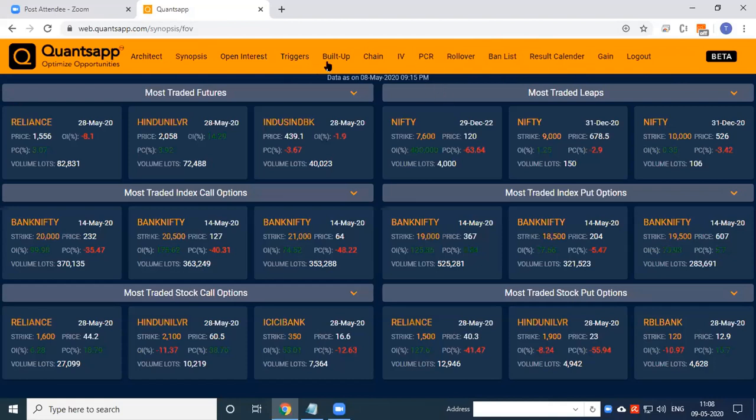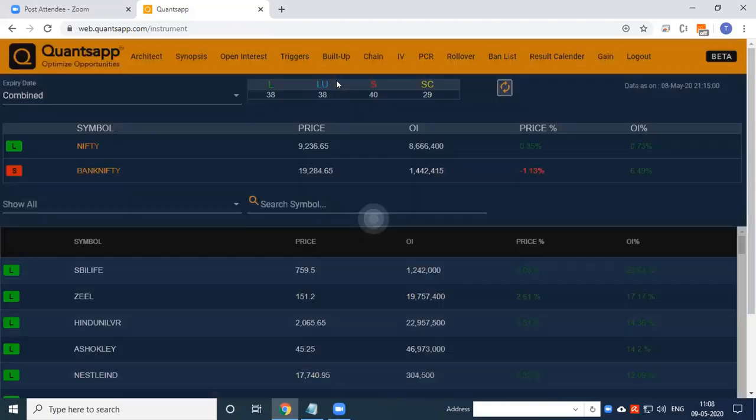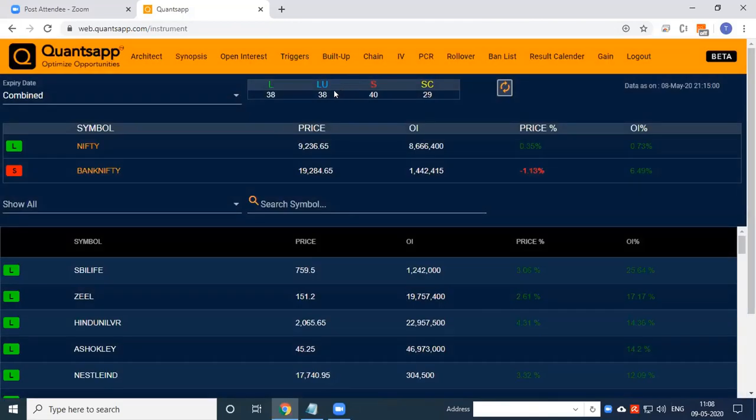Now let's see the build-up part. The first and most important thing is the build-up, security-wise. How are the securities positioning their trade? Whether traders are taking long trades, short trades, whether we are seeing unwinding or covering.